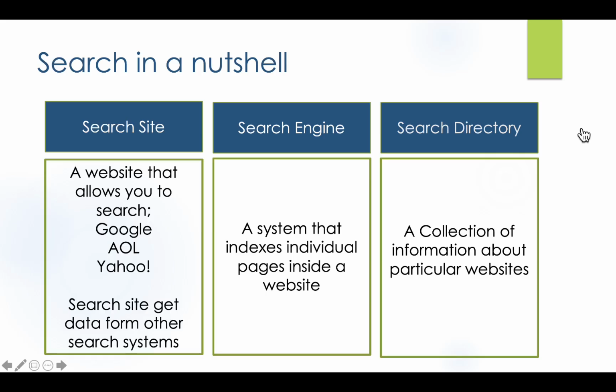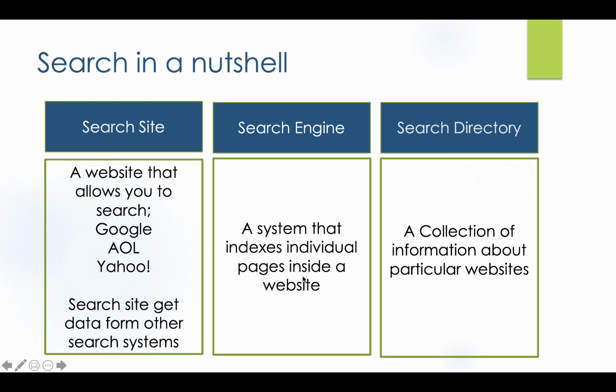So let's say I go into Google and I look at Italian recipes, and I have placed my word in. The search site I choose, like google.com, was the search site. I searched Italian food. Now, there are search engines that feed the search sites.